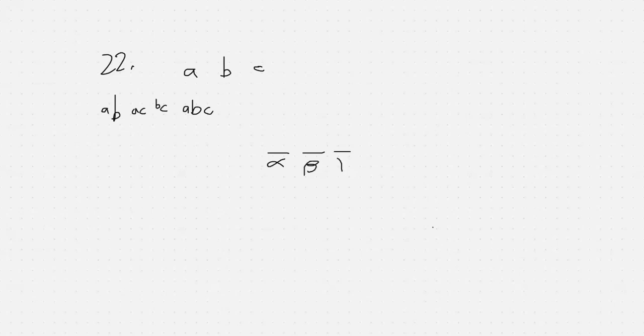Since ABC is an integer, this must be a multiple of beta times gamma, and the smallest such multiple is just beta times gamma. This is alpha gamma and alpha beta.